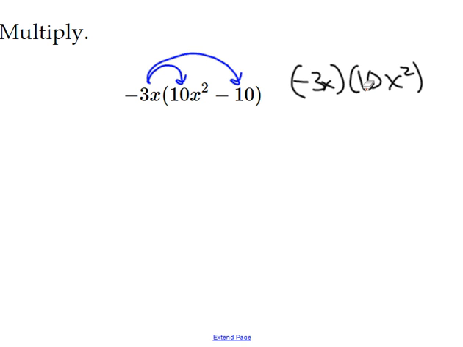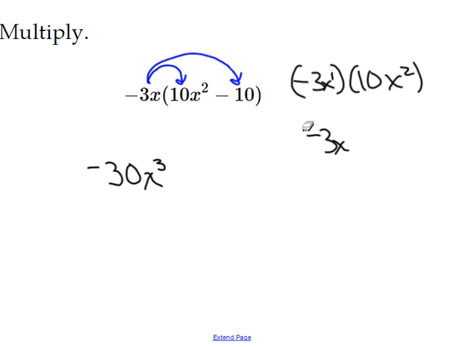So again, you have a negative times a positive, so you know you're going to get a negative answer. And what is the result of our multiplication here? We get negative 3x to the third. Again, when you multiply the variables, make sure you add the exponents, invisible exponent of 1 here. Then we have negative 3x times negative 10.